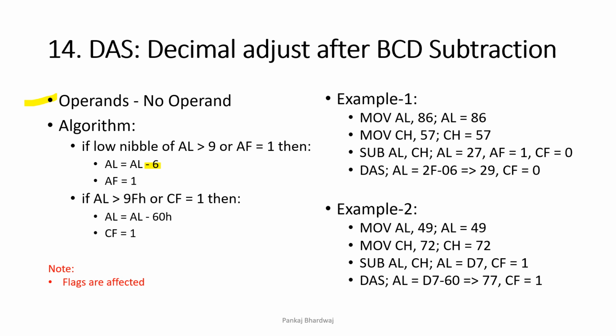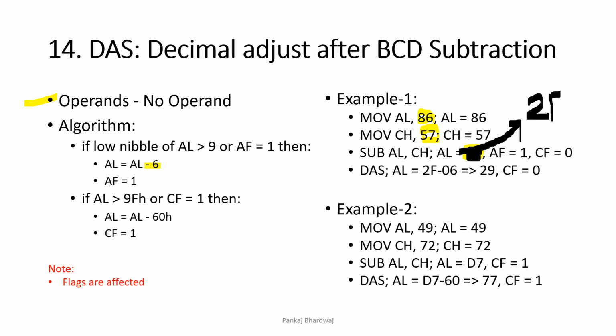So let's take an example. 86 and 57, they both are subtracted, so the result is 27. No, it's basically 2F. It's not 27, actually it's 2F. Typing mistake, there is a typing mistake. It is basically AL is 2F.